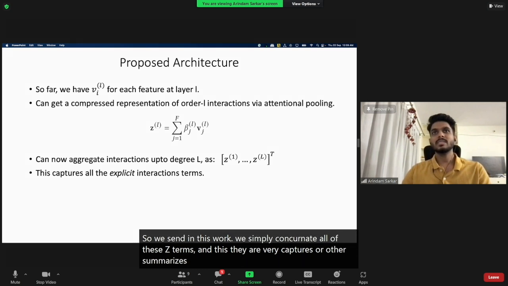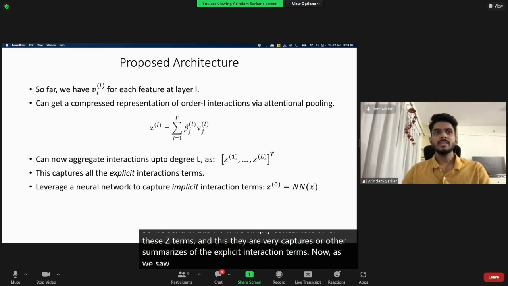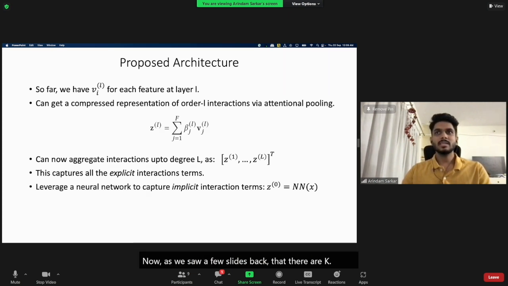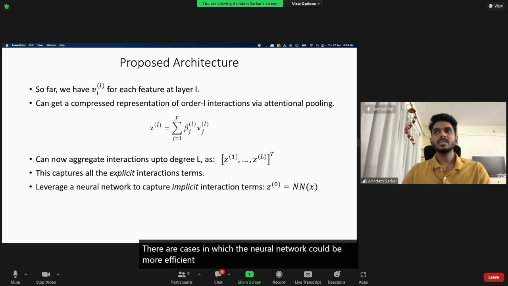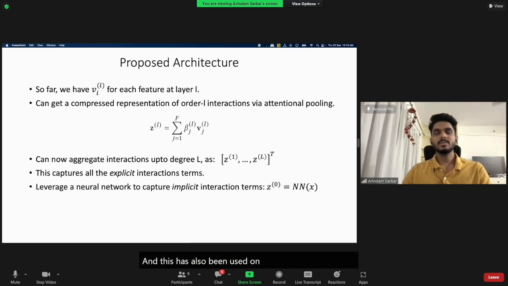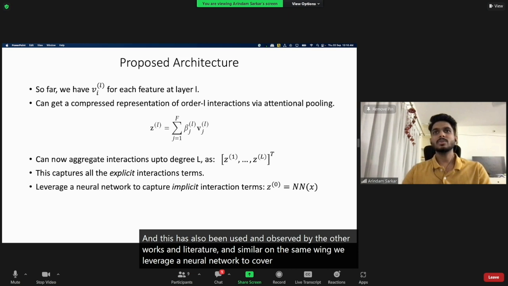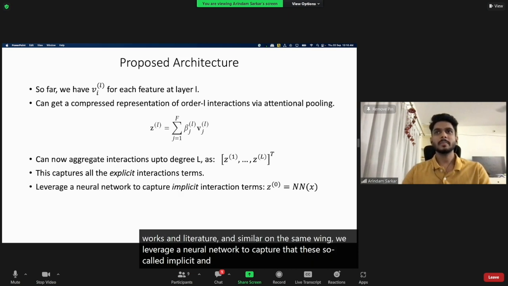Now, as we saw a few slides back, there are cases in which the neural network could be more efficient to learn compared to a factorization machine and vice versa. This has also been observed by other works in the literature. In the same vein, we leverage a neural network to capture these so-called implicit interaction terms.